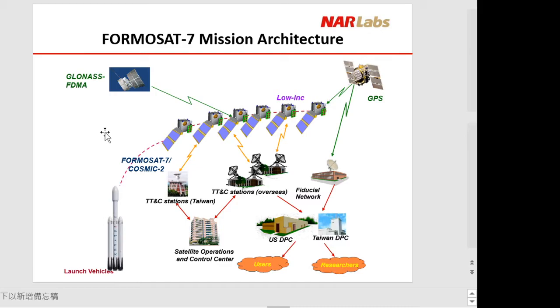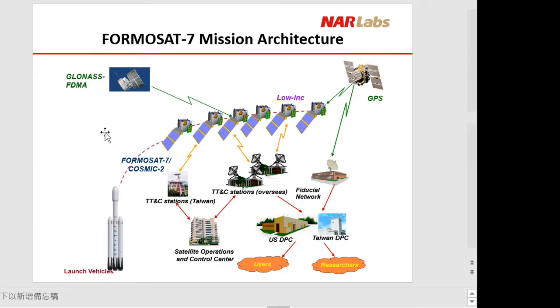This slide shows you the mission architecture of Formosat-7. The joint team used a launch vehicle to send all 6 satellites to an injection orbit.